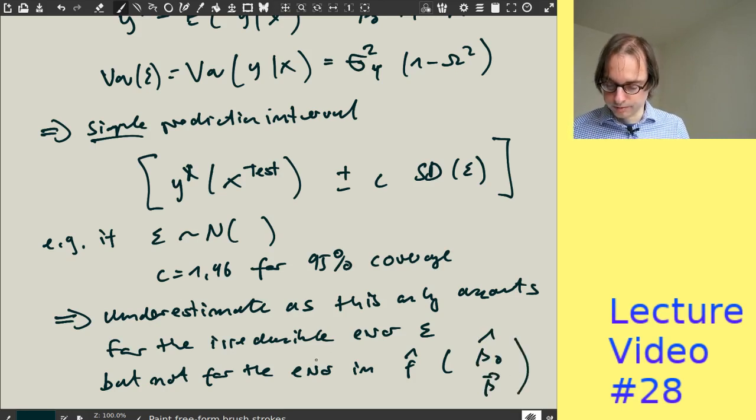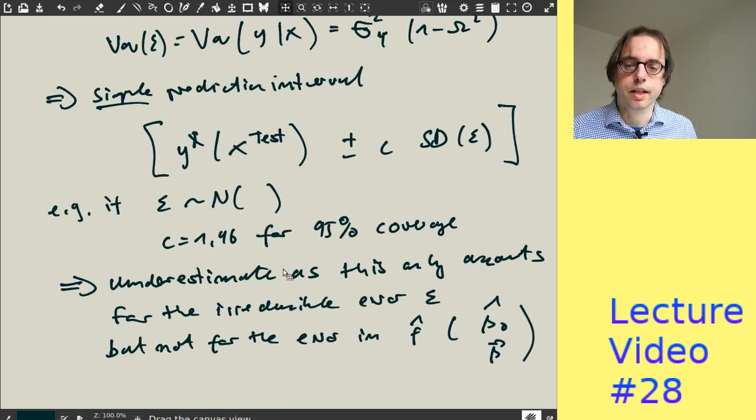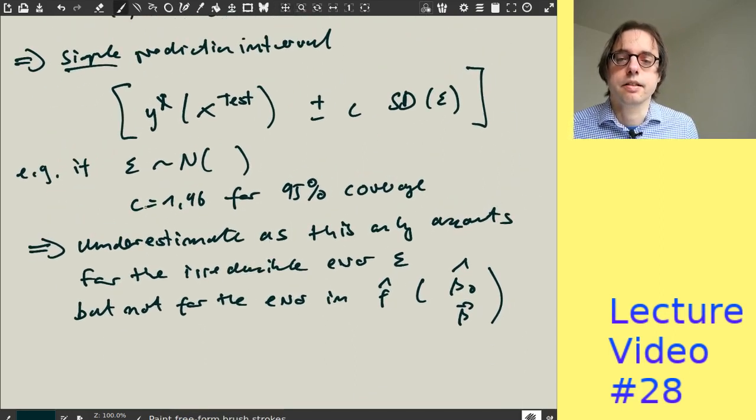So we have two sources of noise in our prediction. We have the generic intrinsic error, and then we have the error that comes from estimation.